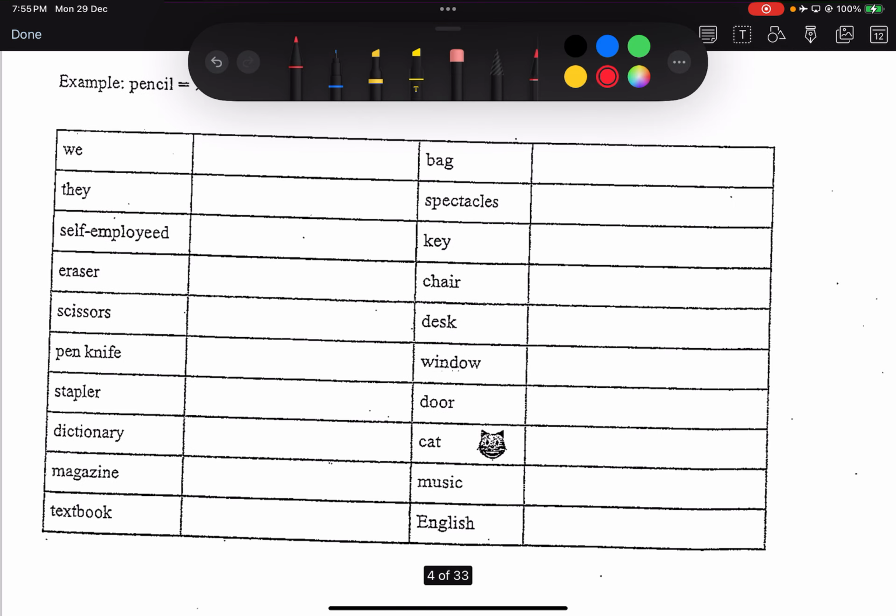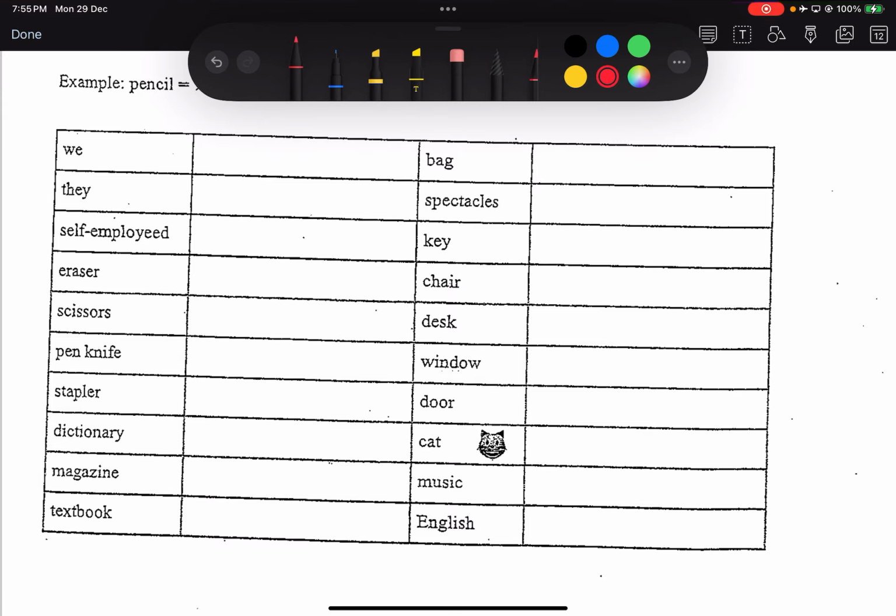Okay, I know the table, we try to translate lah. We: 私たち, watashitachi. Very good. They. What is they? They comes from you. So what is you? This time we talk about you. You is anata.